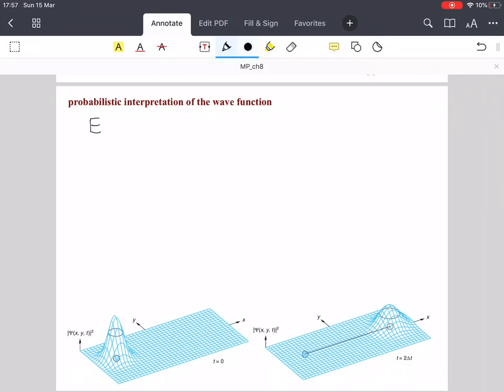E, the electric field, is the amplitude, which is E max. So that's the constant in front. And then we have our traveling wave, e to the i(kx minus omega t).